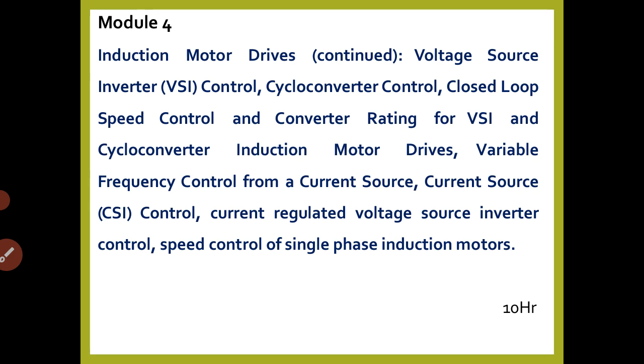In this module we are mainly dealing with the inverters, voltage source converters, and how we are controlling with the help of the cyclo converter. And finally the single phase induction motors, the speed control of single phase induction motor we are also going to study.